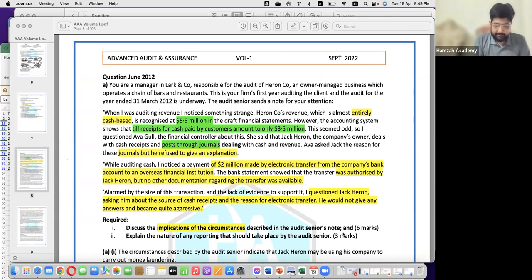So students, Jack Heron might be or is likely to be involved in the money laundering, as the circumstances dictate.